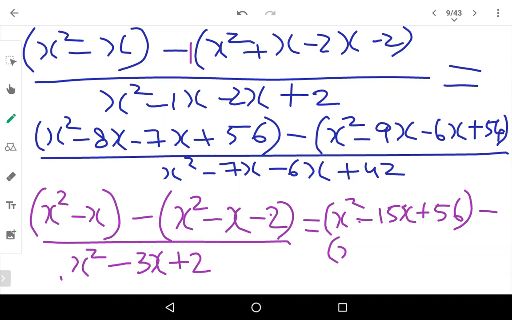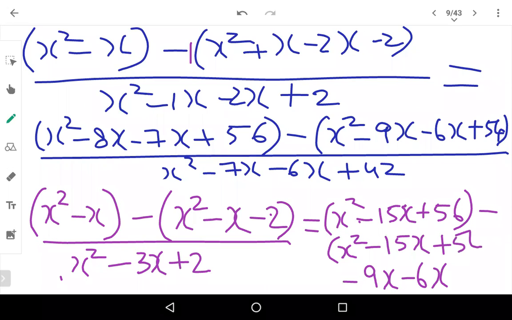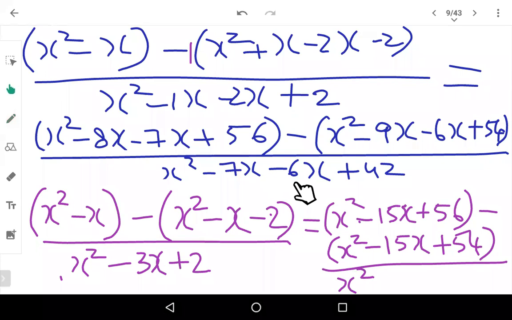So x square, you have minus 9x minus 6x. That is nothing but 9 plus 6 is again 15. So minus 15x plus 54. This is your numerator. And when it comes to denominator, whole divided by x square minus 7x minus 6x, again you get 13x. So minus 13x plus 42.